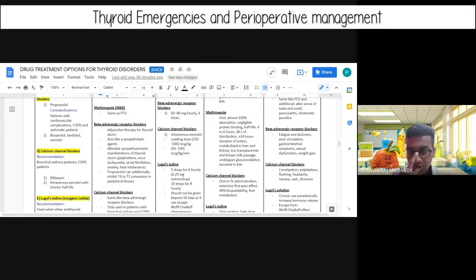As for the dosage regimen, for example, intravenous esmolol can be given with a loading dose of 250 to 500 mcg per kg. And for diltiazem, sorry, I didn't write that, it's about 50 to 100 mcg per kg per minute. So this is the dosage regimen that is required to be administered to a patient.